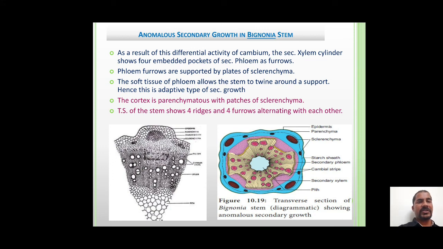The transverse section of the stem shows the 4 ridges and 4 furrows alternating with each other. You can see here in the transverse section the ridges and furrows, which are shown by the pink and yellow color. These ridges and furrows are due to the abnormal activity of the cambium.